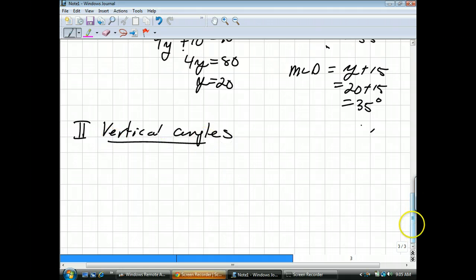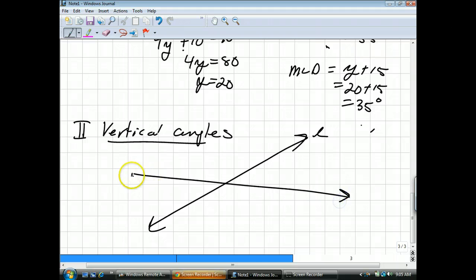So when two lines intersect, so here's line L and line J. When they intersect, you will note that they form actually 4 different angles. So this is angle 1, angle 2, angle 3, and angle 4. And angle 1 and angle 3 are what we call vertical angles.